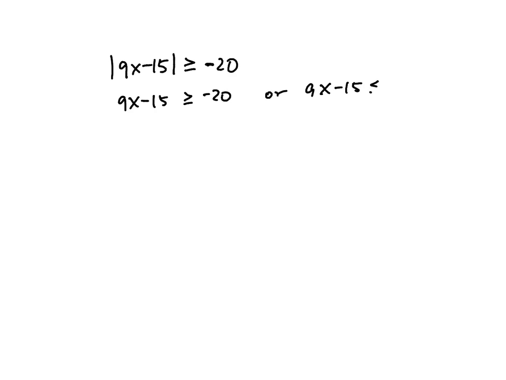Alright, last one. You have 9x minus 15 is greater than or equal to negative 20. This one's pretty straightforward. This is either 9x minus 15 is greater than or equal to negative 20, or 9x minus 15 is less than or equal to negative 20. Excuse me, positive 20, because the sign changes.